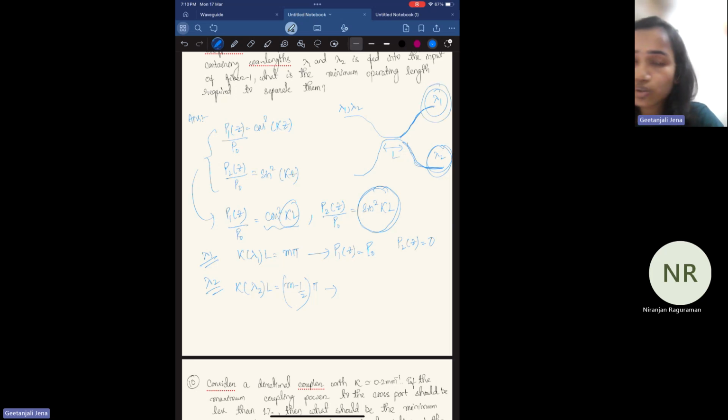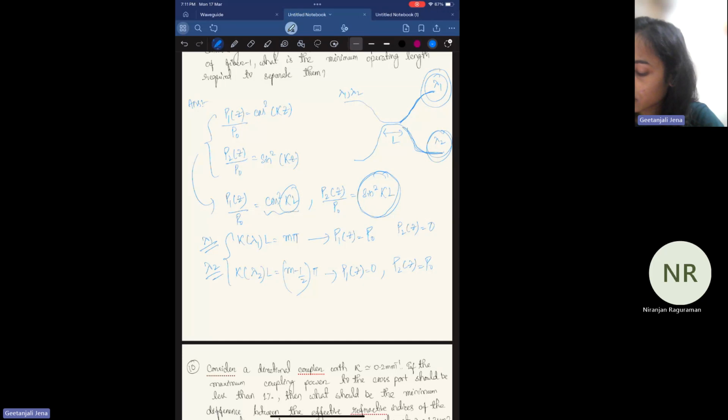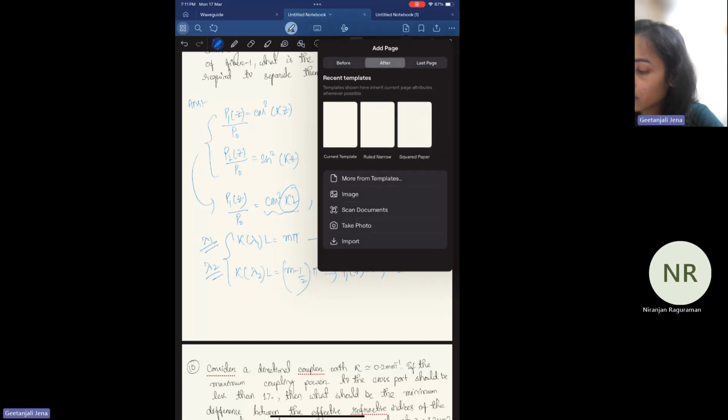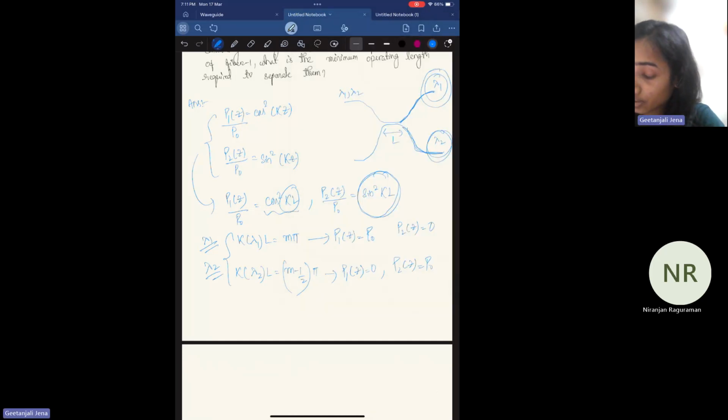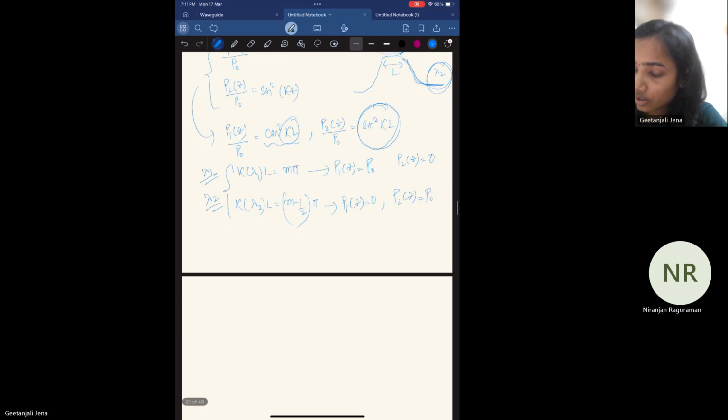But here it is cos square pi by 2, so it will vanish. So P1Z now here is 0 and P2Z will be P0.